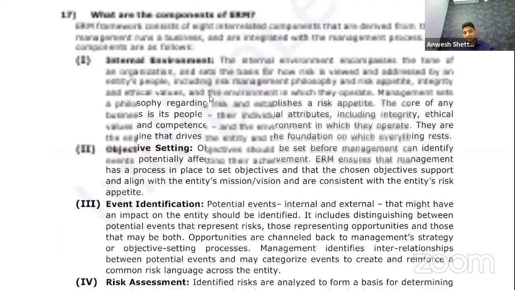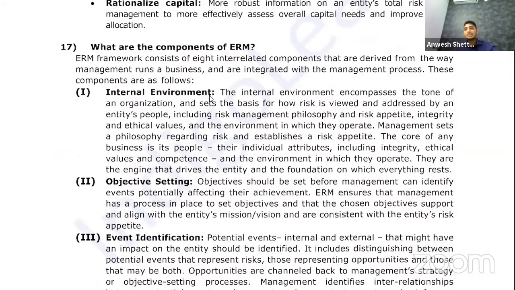Now, first let us understand what is the full form of ERM. Can somebody tell me the full form of ERM? Tell me the full form, I'll explain what it is.